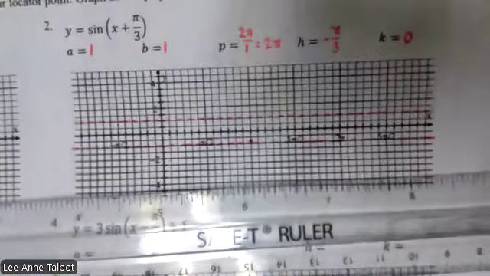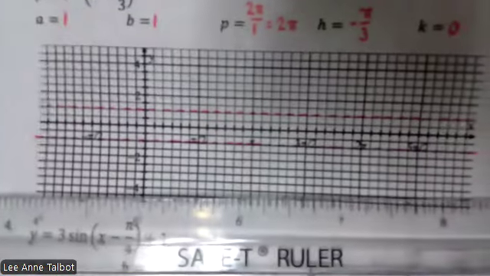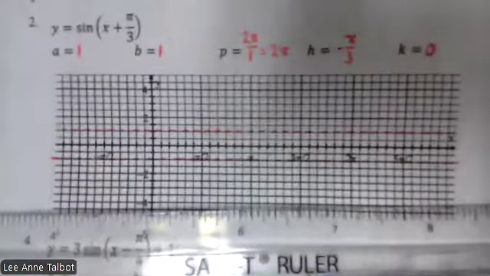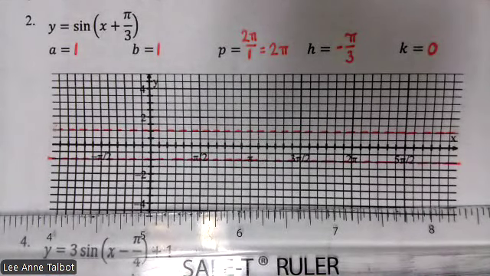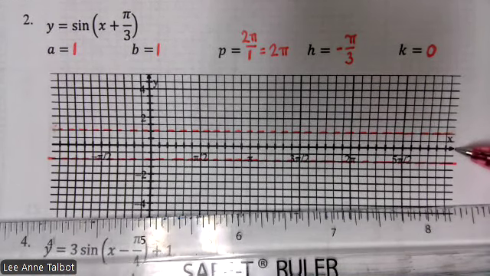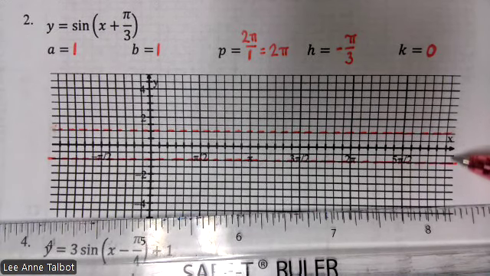I think that kind of helps. Okay, so the midline is at 0. Amplitude lines 1 away on either side.